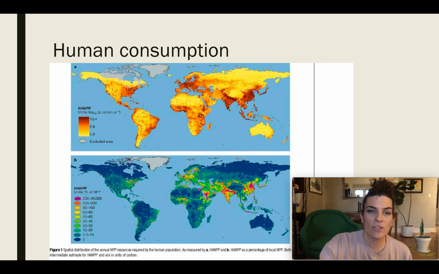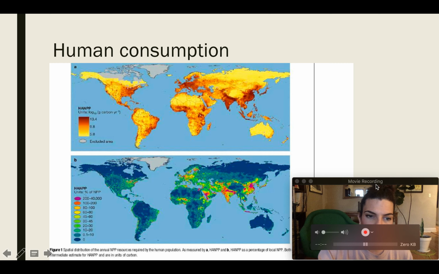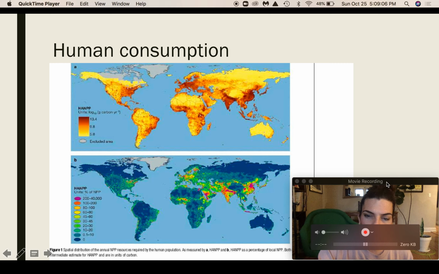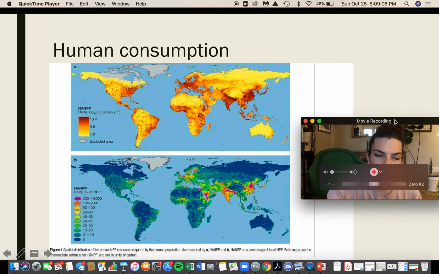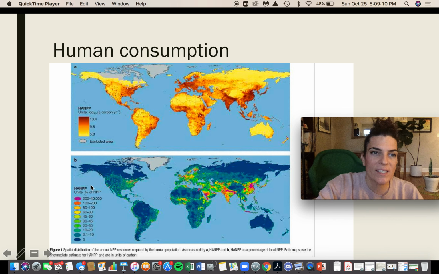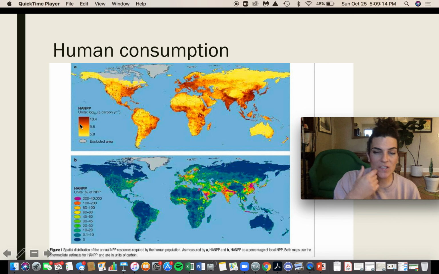Also, I think an interesting figure is this one. It's very difficult to see, but this shows the amount of human consumption divided by how many resources are actually produced per geographical region, per square mile, for example.